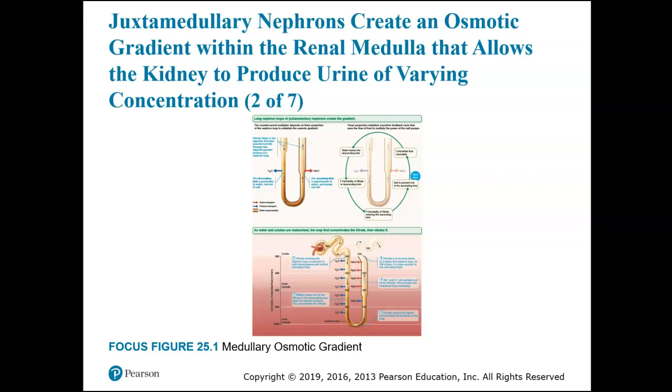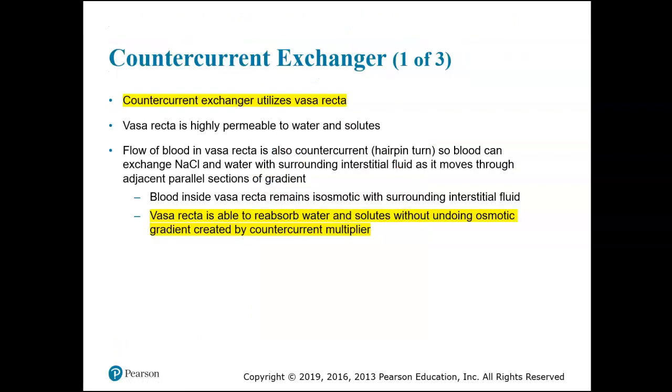It does this by countercurrent multiplier and countercurrent exchange, but that's the purpose of that loop: to produce concentrated urine. If you remember that, you'll be fine. The only other thing is to know that the descending limb is permeable to water, not solutes, and the ascending limb is permeable to solutes and not water.